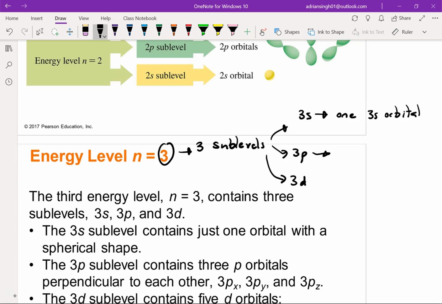The 3p sublevel, like all p sublevels, will contain 3 3p orbitals. And the 3d sublevel will contain 5 of the d orbitals, which are the 3d orbitals.